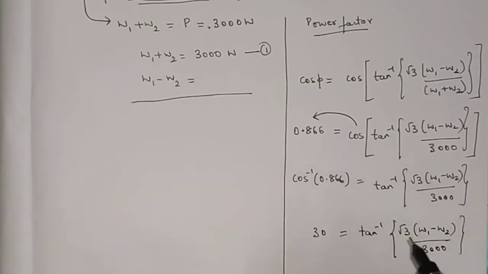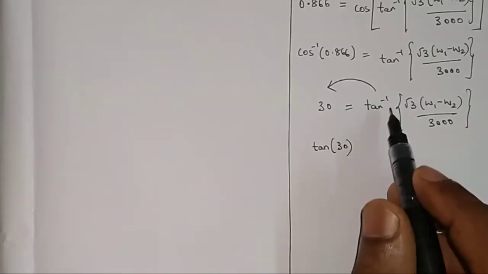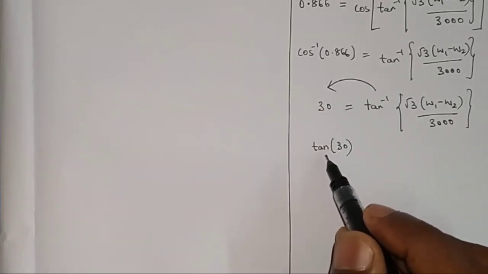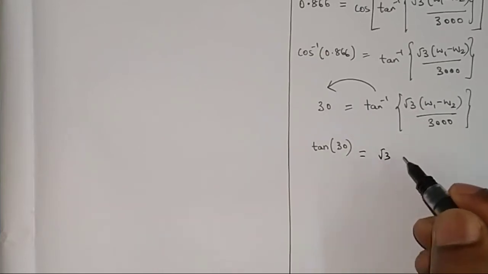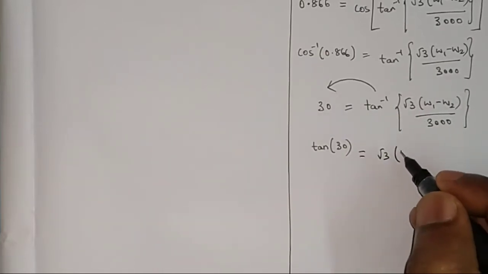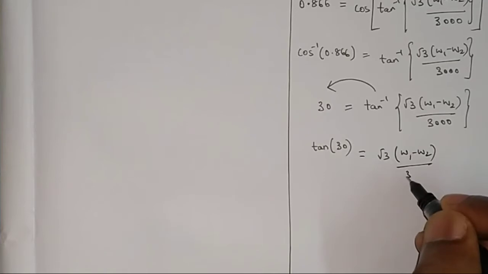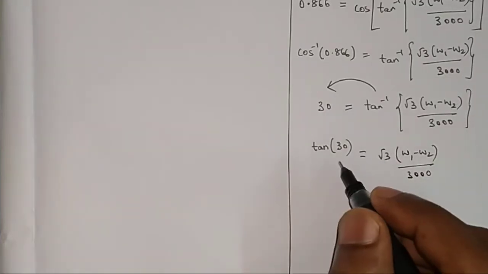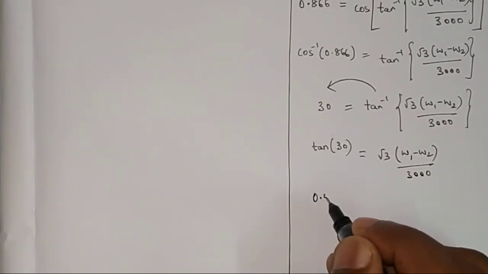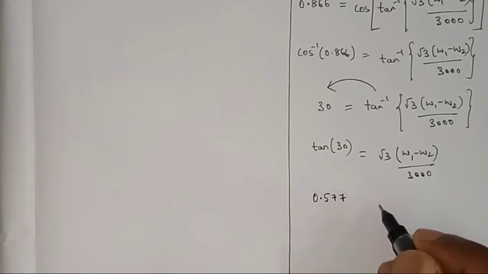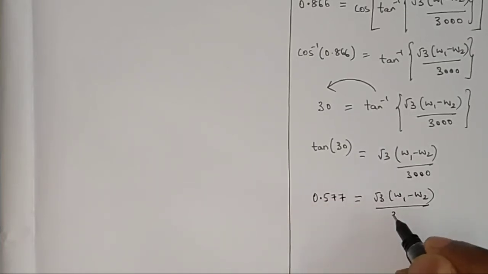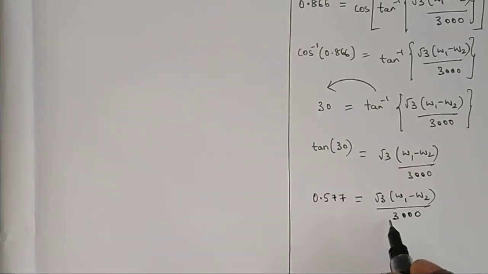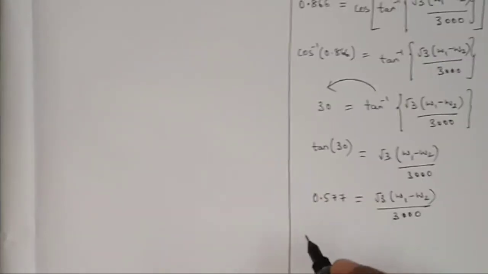Next, take the tan inverse to the left side, and it becomes tan of 30, equal to root 3 (W1 minus W2) divided by 3000. Tan 30 simplifies to 0.577, equal to root 3 (W1 minus W2) divided by 3000.